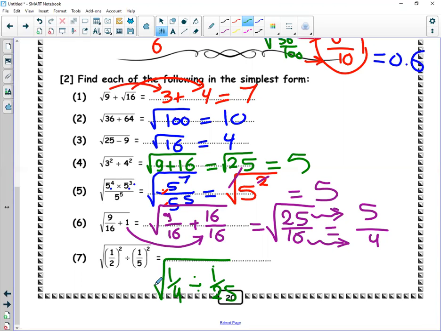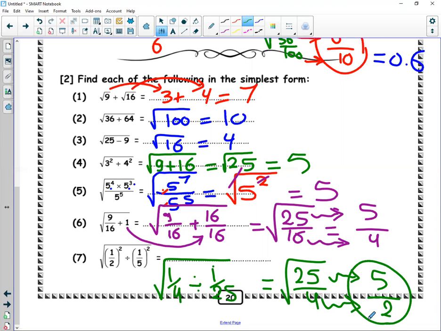By using the calculator, 1 over 4 divided by 1 over 25, the answer will be 25 over 4 under the square root. The square root of 25 equals 5, and the square root of 4 equals 2. So the answer will be 5 over 2.